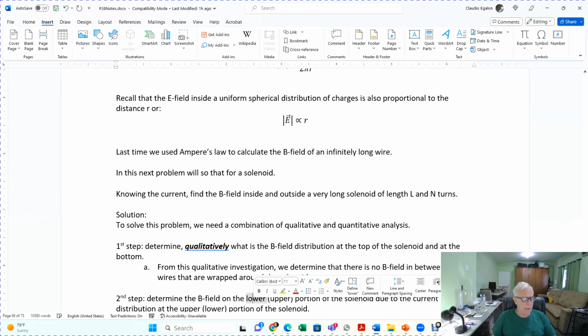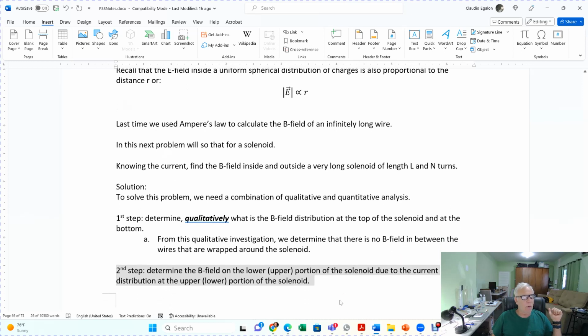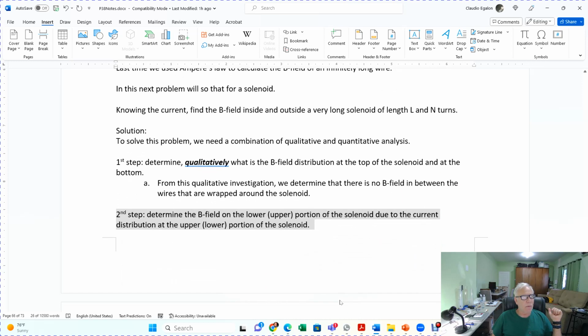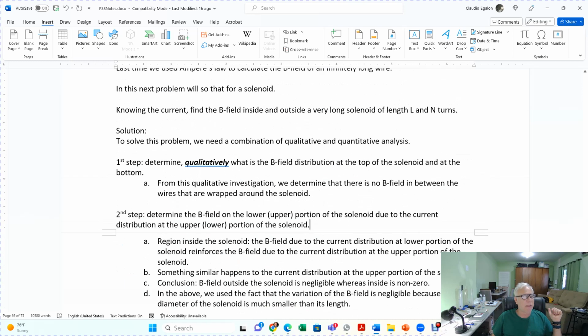In the second step, we are going to determine the value of the magnetic field in the lower portion of the solenoid due to the current distribution at the upper portion of the solenoid. Okay, so that's when it becomes a more quantitative treatment.